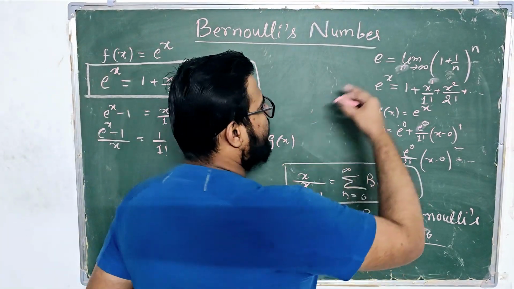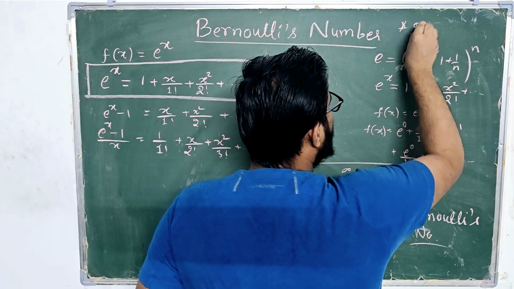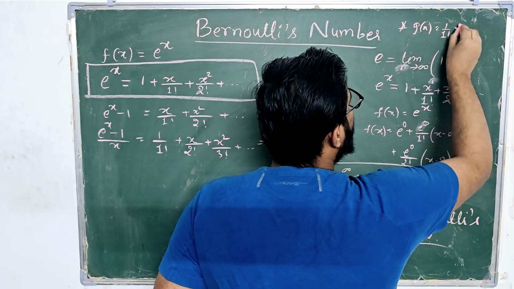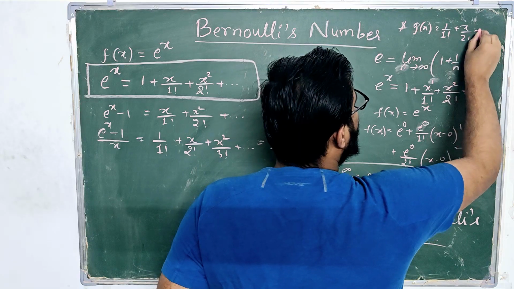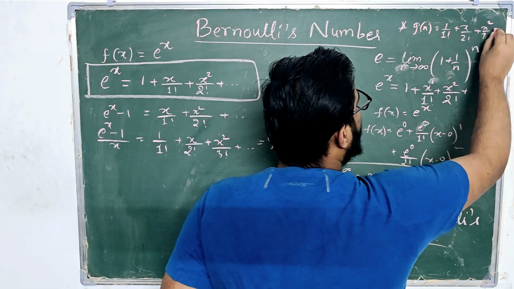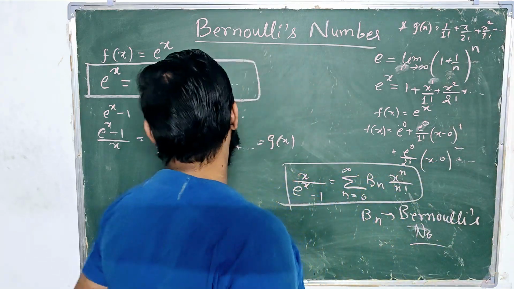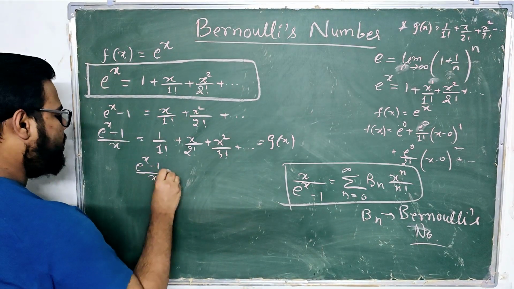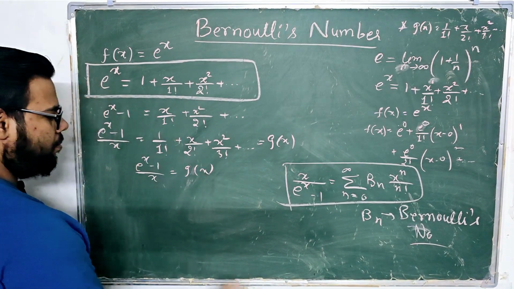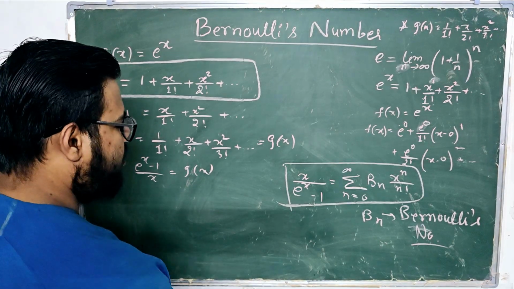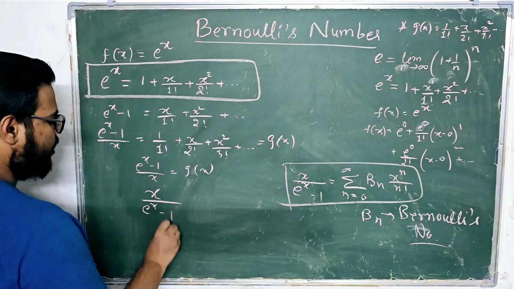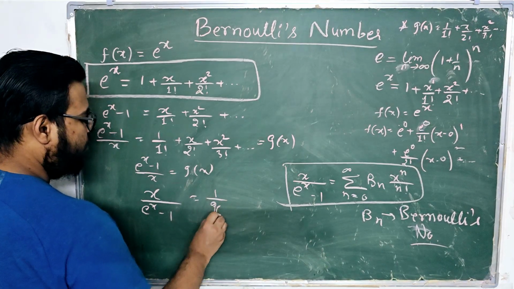Where I should write over here g of x is 1 by 1 factorial plus x by 2 factorial plus x square by 3 factorial and so on till infinity, correct? Okay. So we have e raised to the power x minus 1 divided by x is equal to some g of x, okay? Now let's take the reciprocal on both sides. We will get x by e raised to the power x minus 1 is 1 upon g of x, correct?